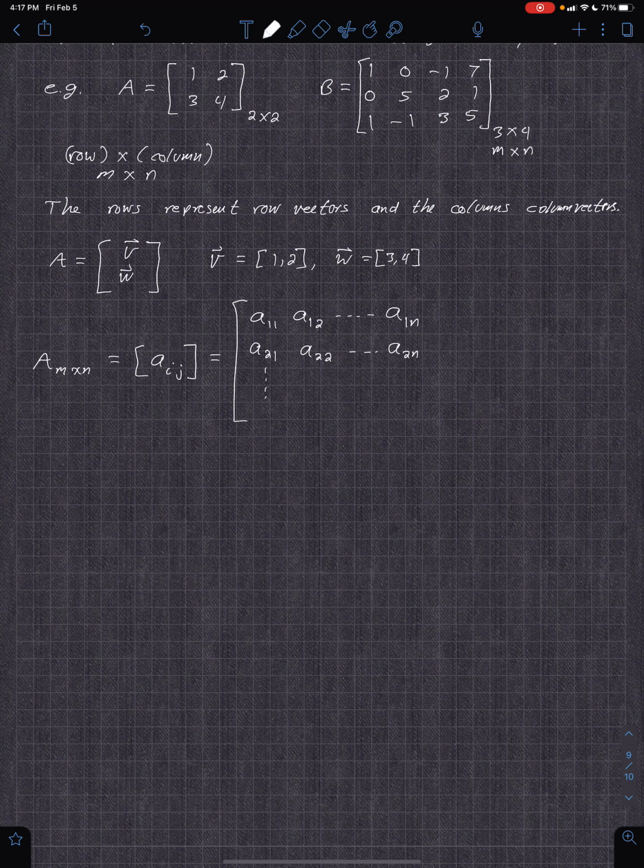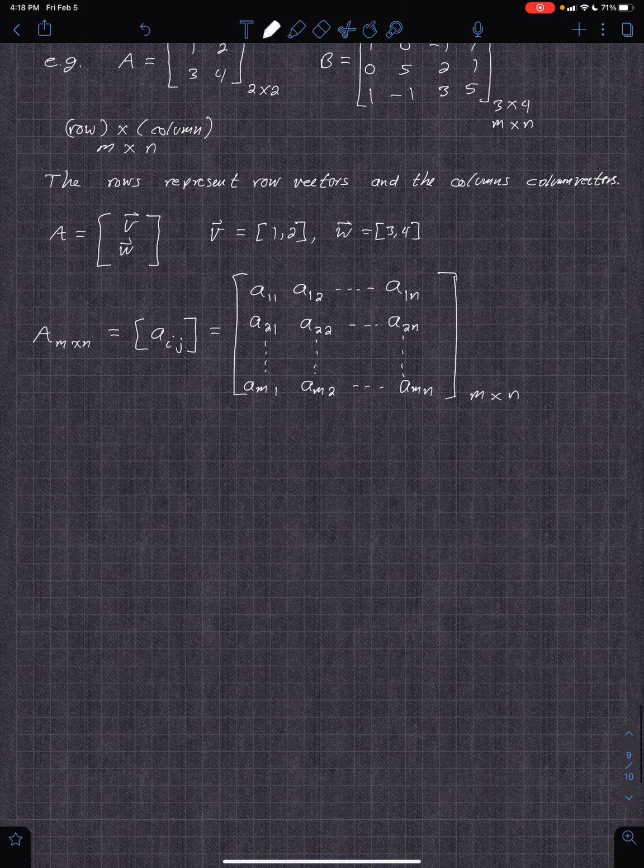We go all the way down to AM1. The mth row, first column would be there, and then this one, AM2, and then of course the last one would be AMN. So this is an M by N matrix in matrix form.